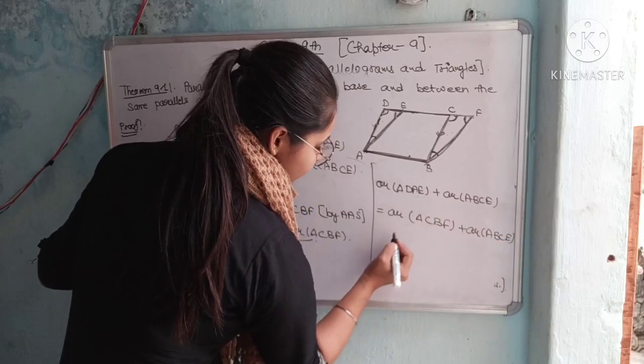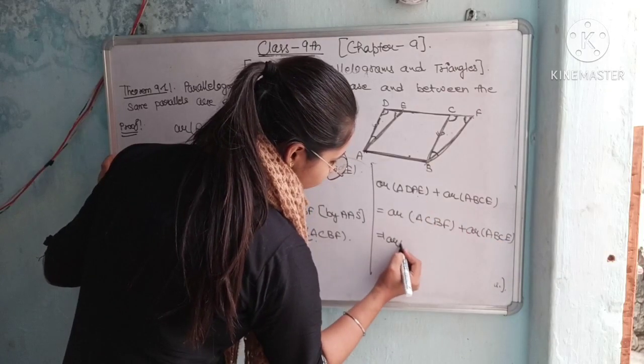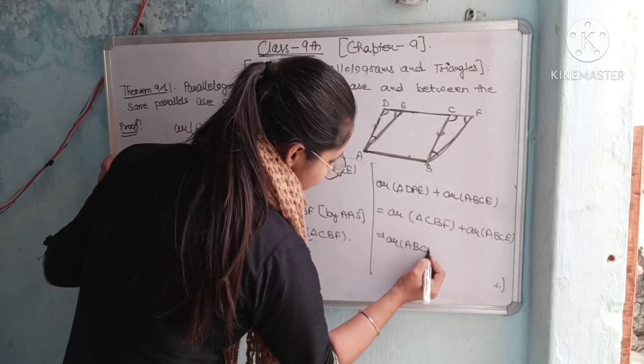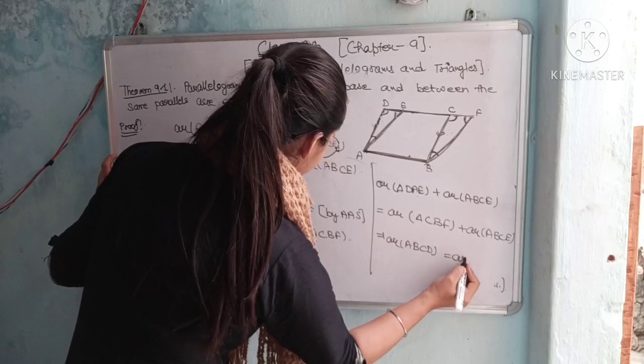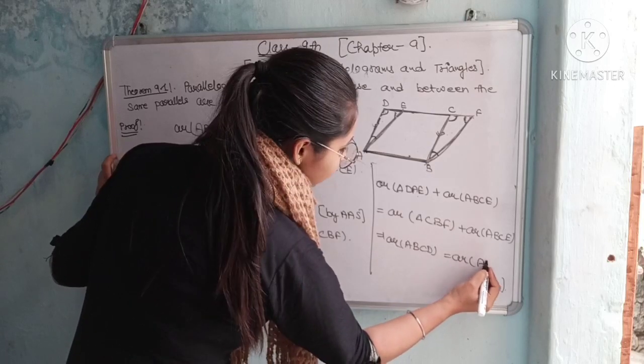And if these two are equal, it means the area of parallelogram ABCD is equal to the area of parallelogram ABFE.